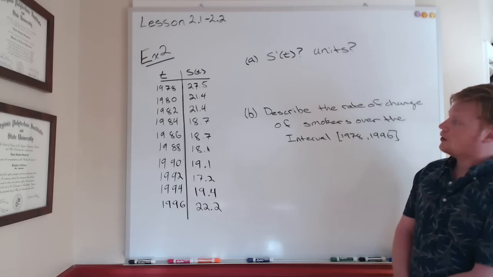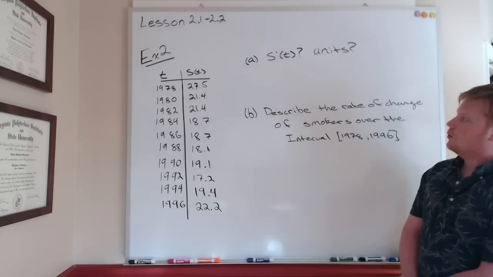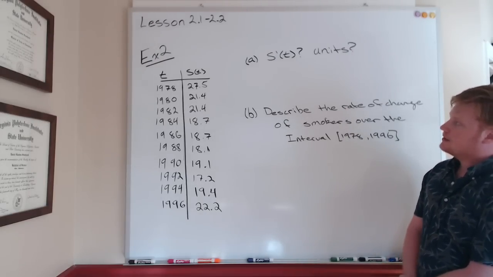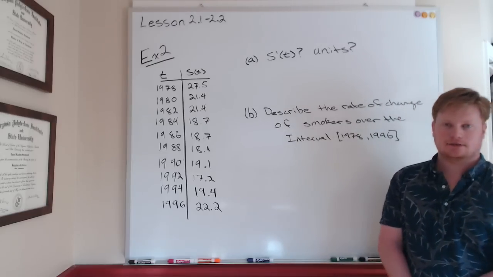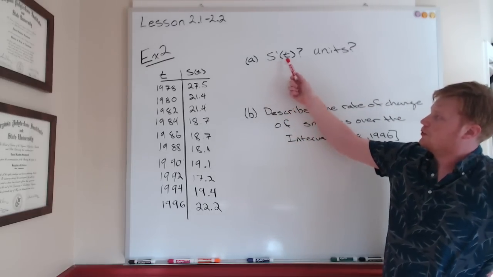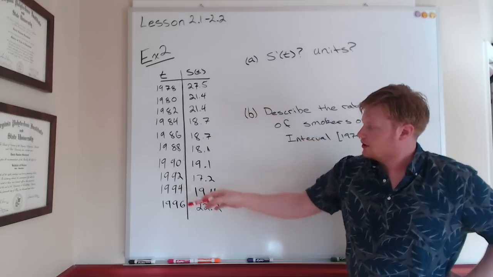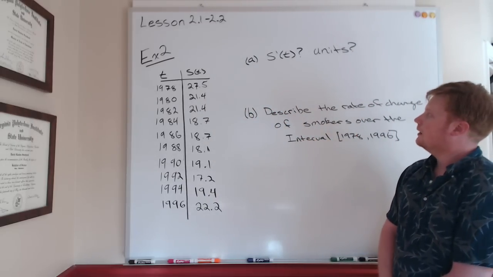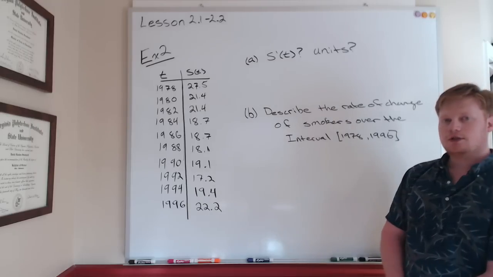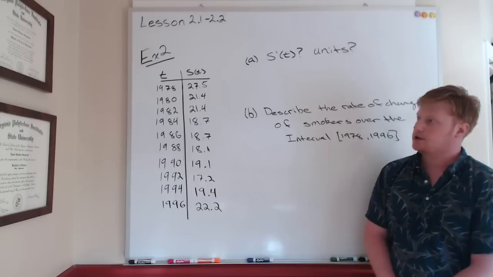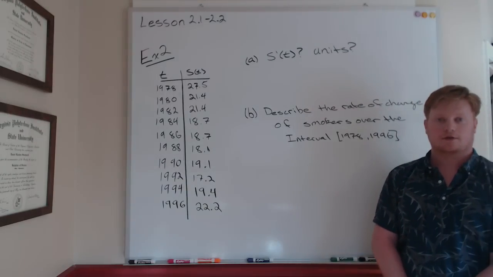So my question is, what would be the meaning of S prime of t? In other words, what would be represented by the derivative of the function described in this table? And what would those units look like? So take a moment to yourself and think. You can pause the video if you'd like.